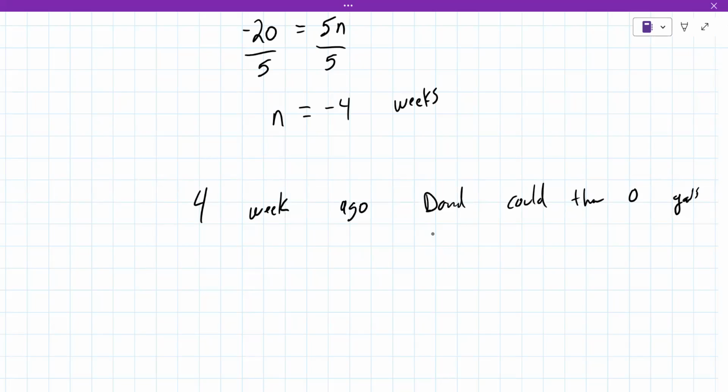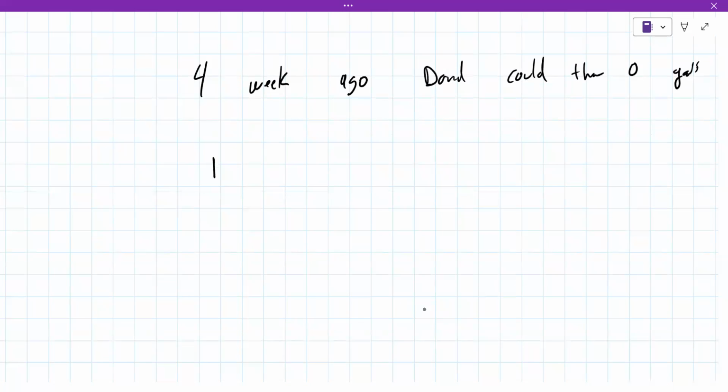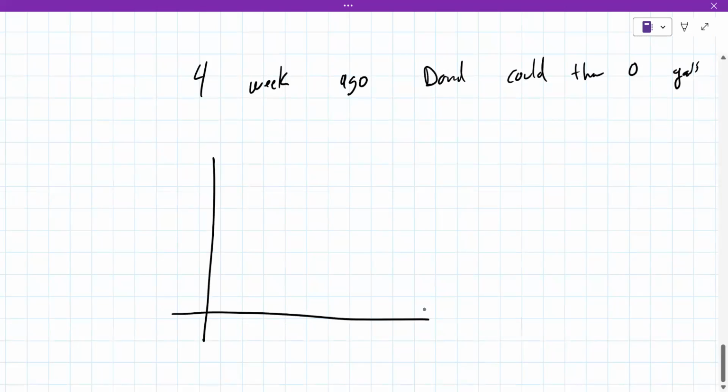The reality is that not everything is linear, because this model suggests that if he were to throw for a year, he would be throwing hundreds and hundreds of yards in one throw, which is ridiculous. Reality is, if we take a graph of time, if David is sitting on the couch, he has the same arm strength.